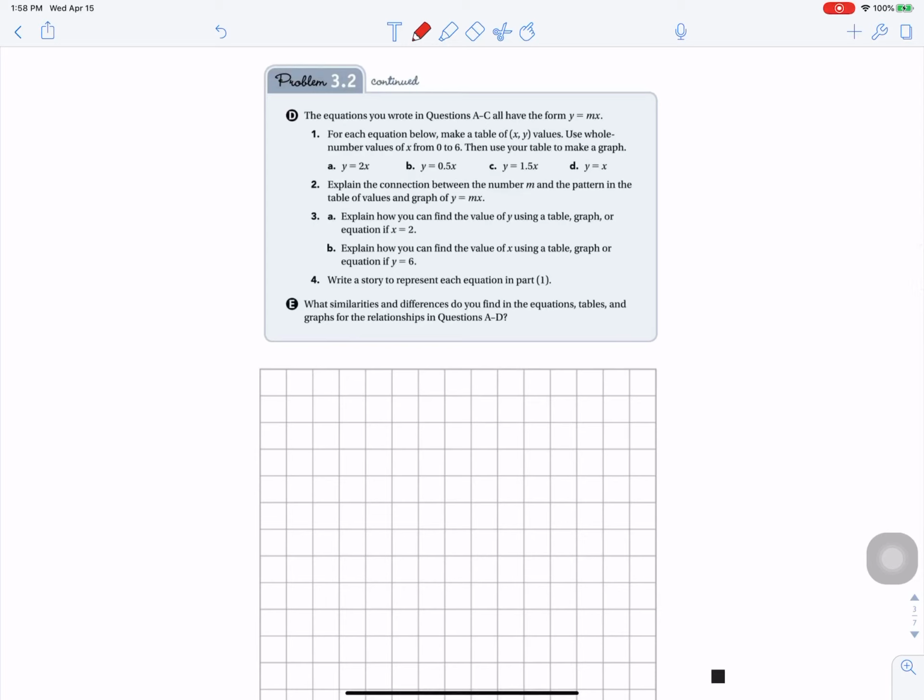It's focusing here on this equation, right?